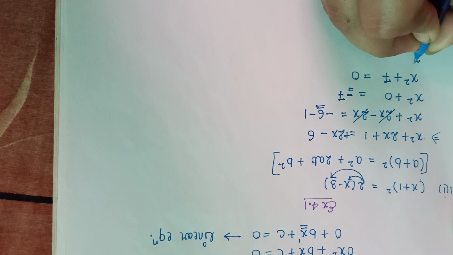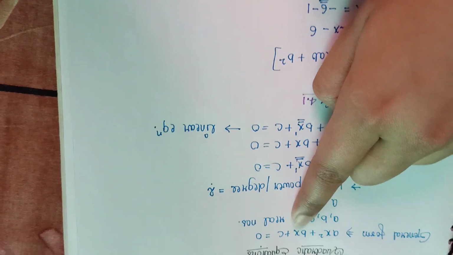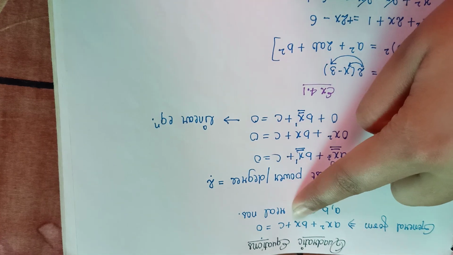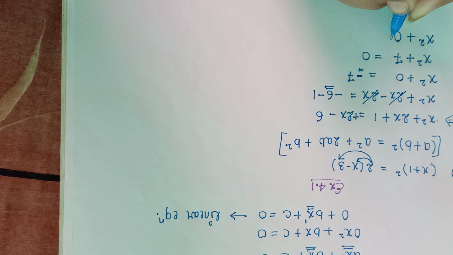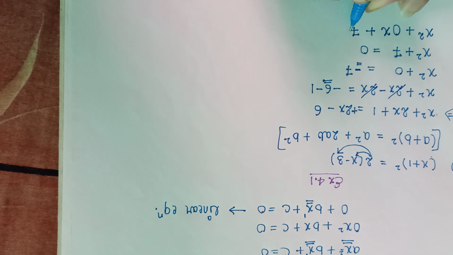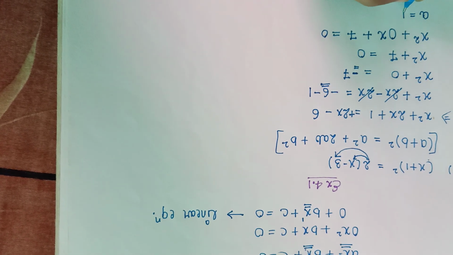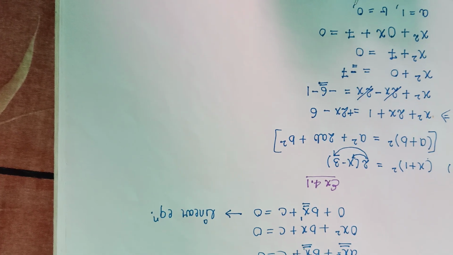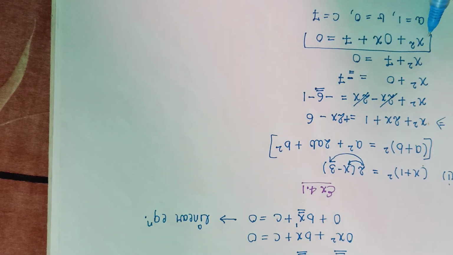So x square plus, here we don't have a number along with x, so we consider 0 along with x, plus the constant is 7 equals to 0. So here the value of a is 1, the value of b is 0, and the value of c is 7. So the given equation is quadratic.